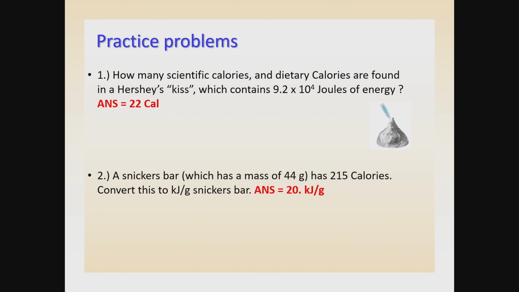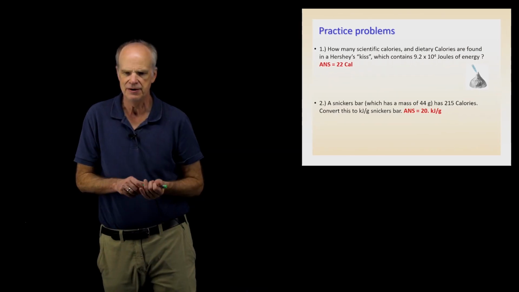So let me first call out the first problem that says, how many scientific calories and dietary calories are found in a Hershey's Kiss, which contains 9.2 times 10 to the 4 joules of energy? So if I can reduce the slide. Okay.